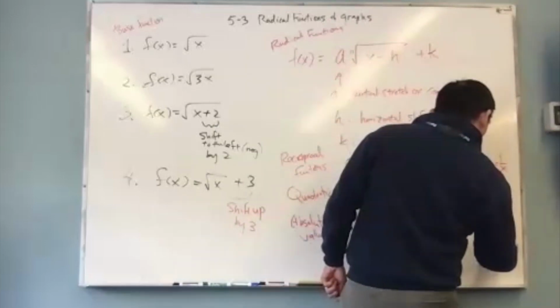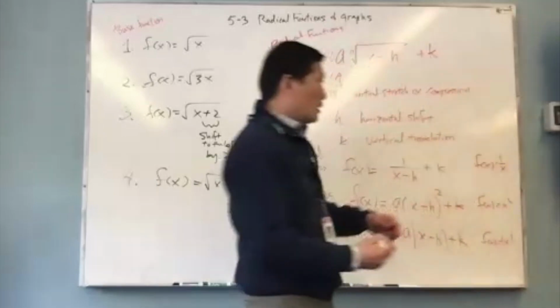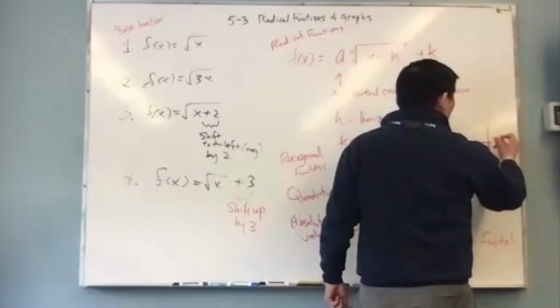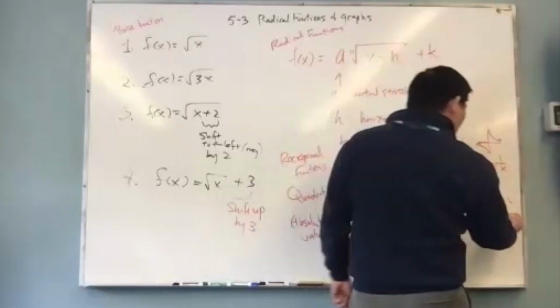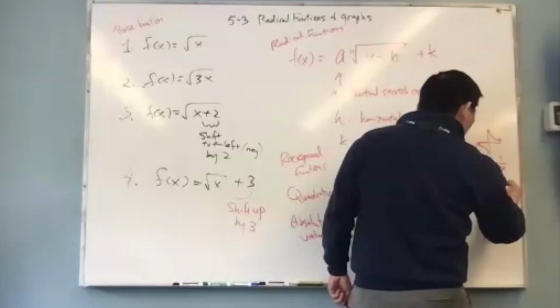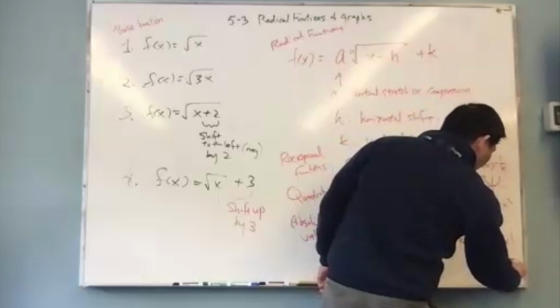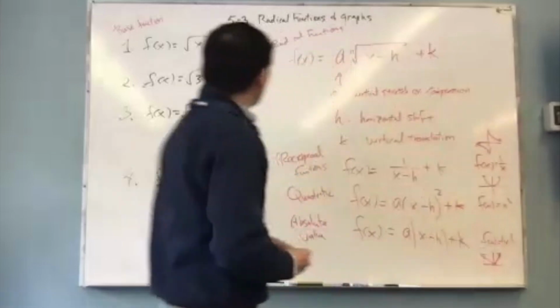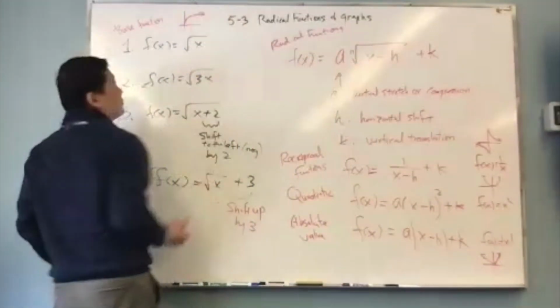Absolute value function f of x is like that. You know that this one looks like a parabola, and this one looks like a V, and then it will move around. And this one looked like this.